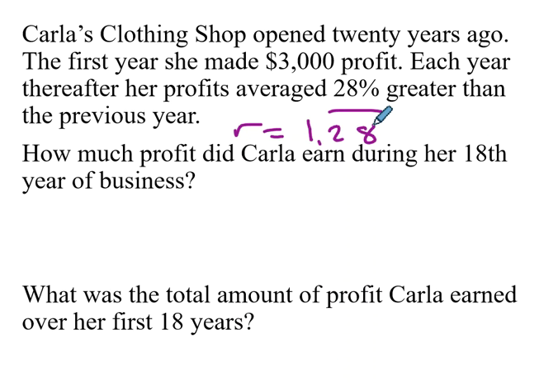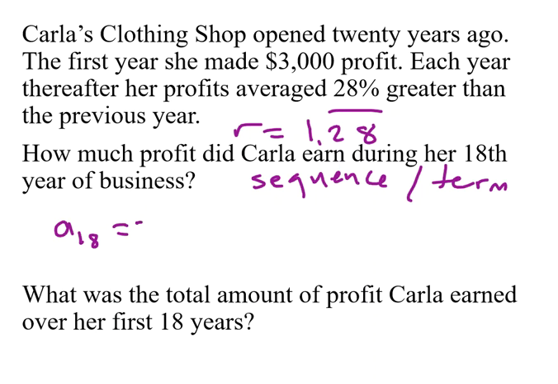How much profit did Carla earn during her 18th year of business? Now, this is asking for just that 18th year. So this is looking for a single term in the sequence, rather than the sum of all 18. So the single term in that 18th year: her first year she had 3,000, the common ratio is 1.28 to the n minus 1, so 18 minus 1.